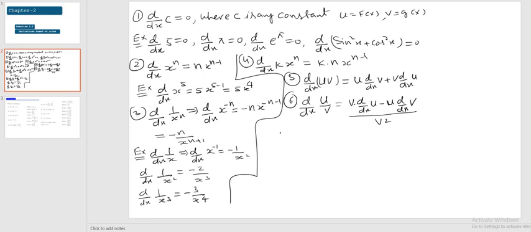This is rule number 6, the quotient rule. And then the power rule and the quotient rule, many questions we will solve by using these.